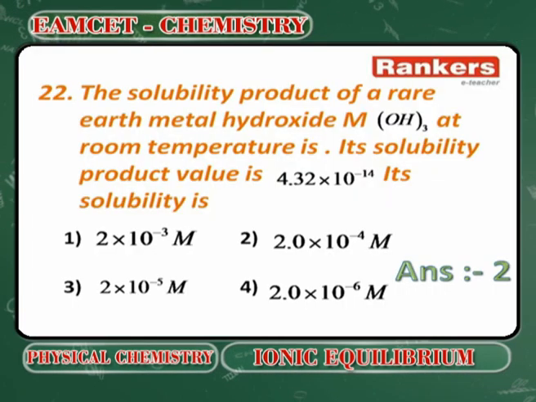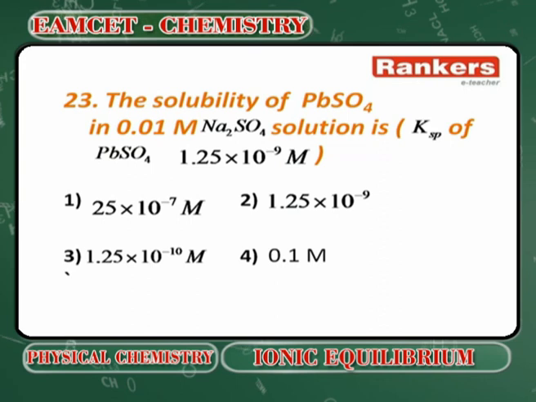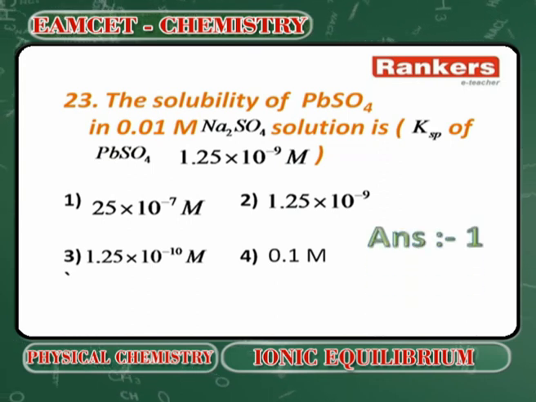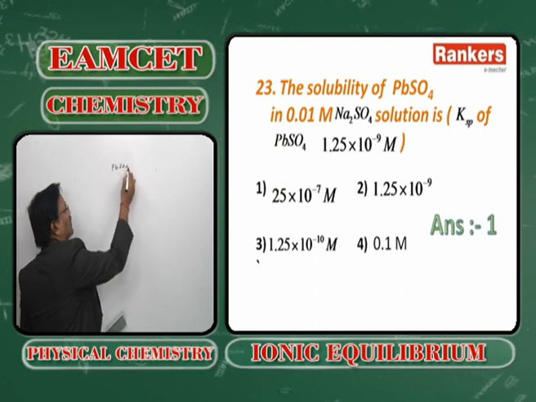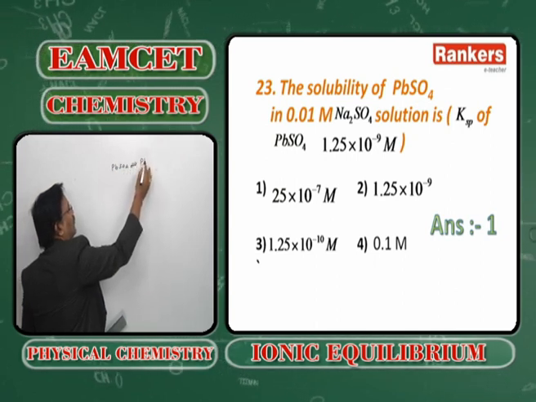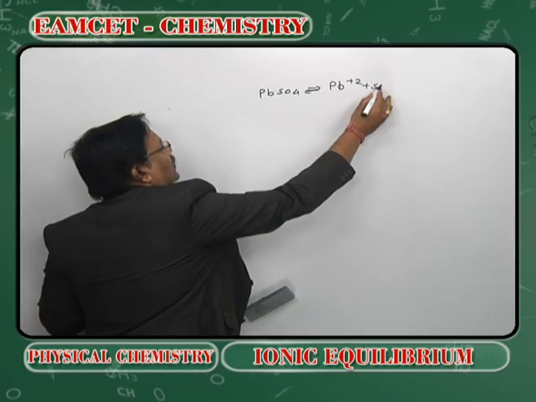Okay. Next, the solubility of PbSO4 in 0.01 molar Na2SO4 solution. This is also the same as the previous example, finding the solubility in presence of a common ion. PbSO4 ionizes as Pb plus 2 and SO4 minus 2.